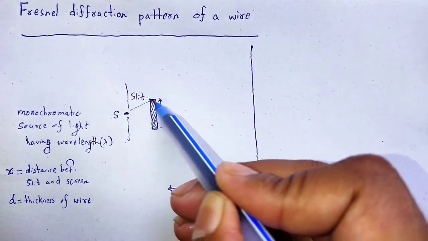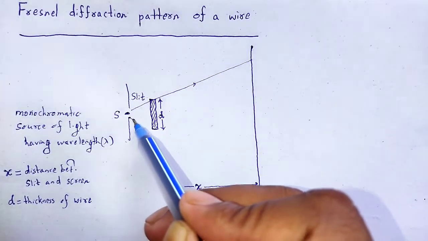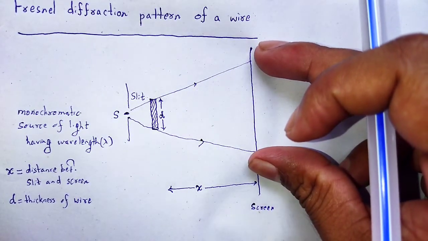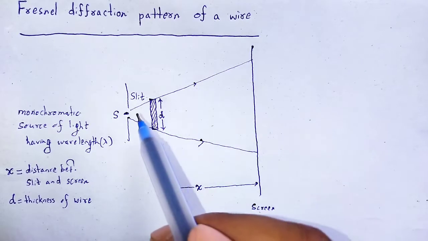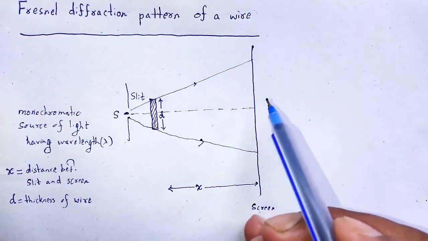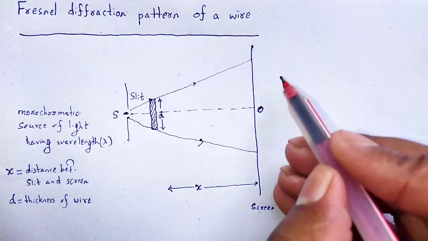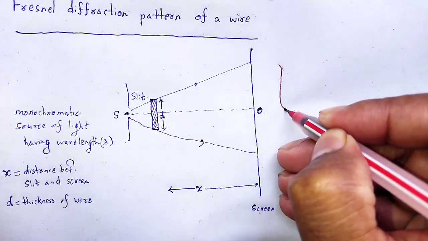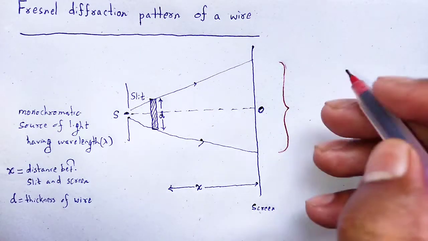Light rays passing here, that region is the geometrical shadow region, at the center of that screen O. The geometrical shadow region.